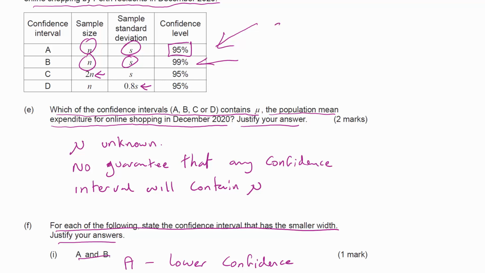So if we think about C, the standard deviation for this sample would be S over root 2n, which of course is S over root n times root 2, just splitting the third on the bottom there.